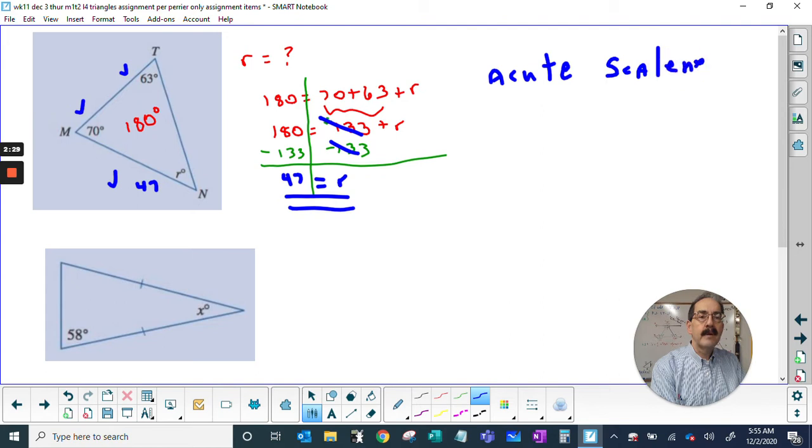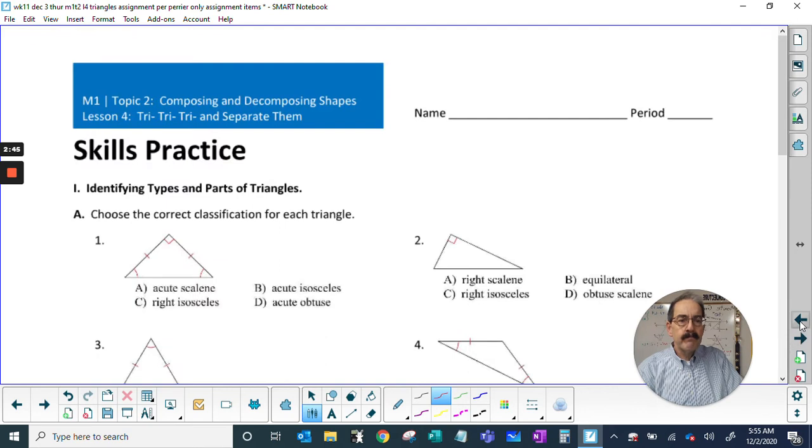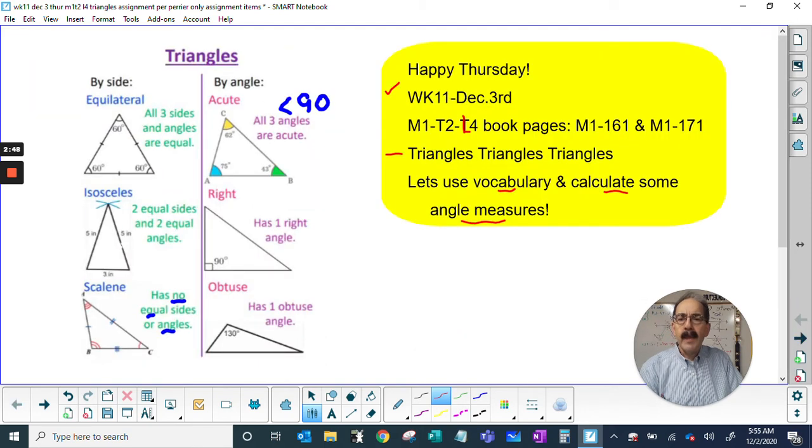All right, next. Now when we see this triangle, the key to this one is right here. Hash mark, hash mark. When the hash marks are the same, what do we know? Let's go back. Hash marks, same, same.